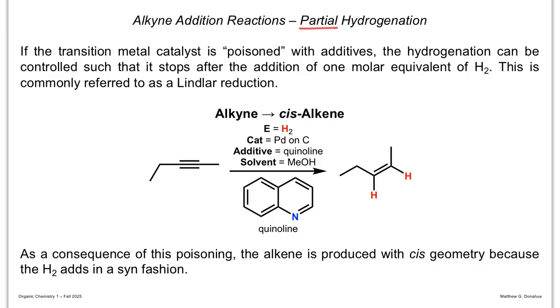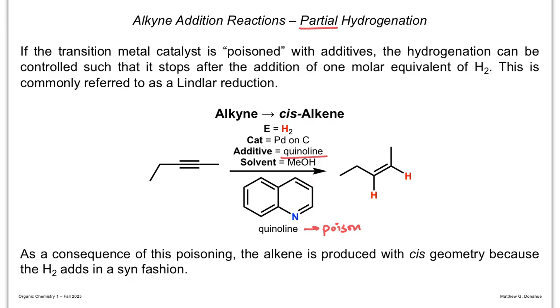So we're still using hydrogen gas, a precious metal, palladium on carbon, but now there's a poison called quinoline. There are other poisons, but this is an additive that will stop the hydrogenation at one stage. And this is commonly referred to as a Lindlar reduction.